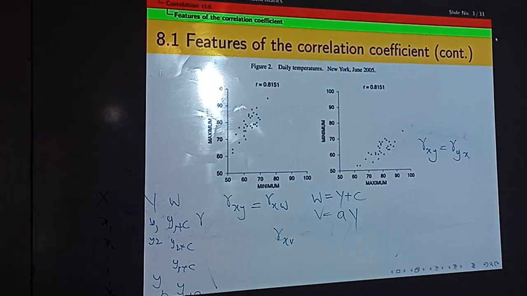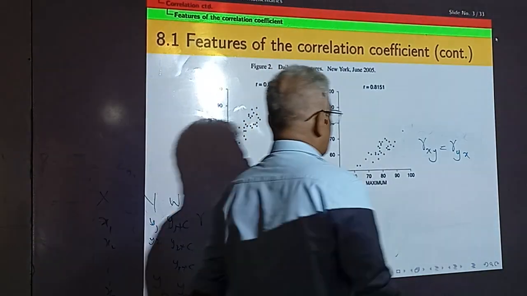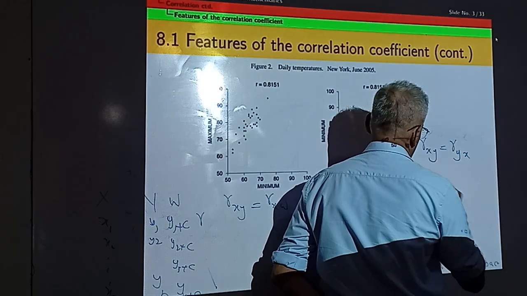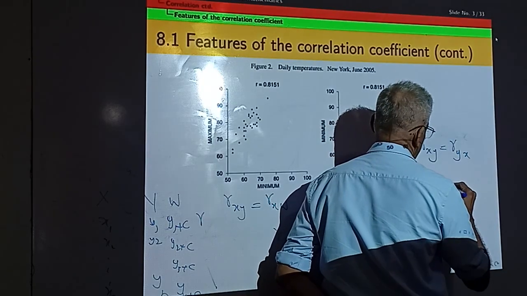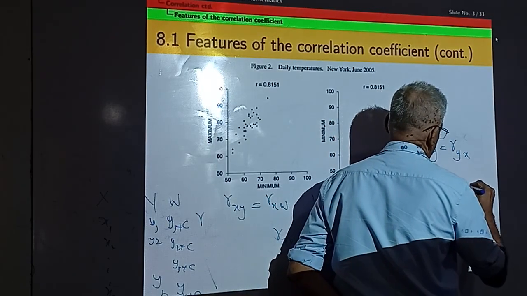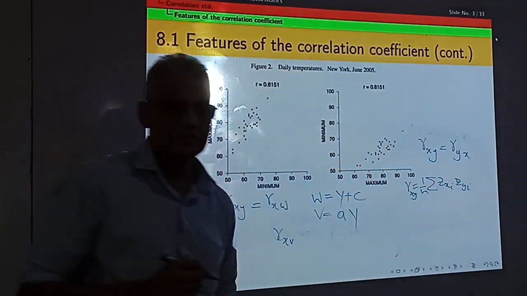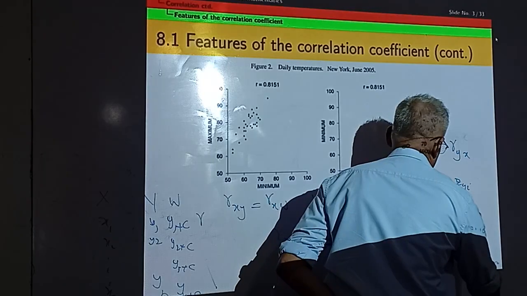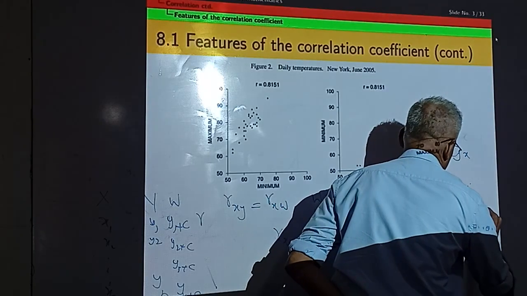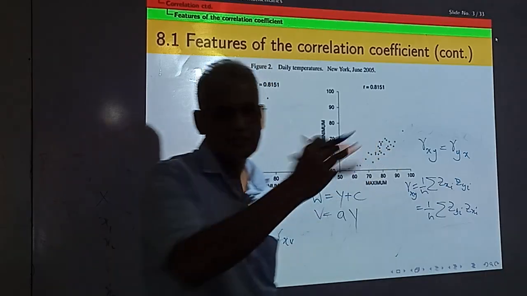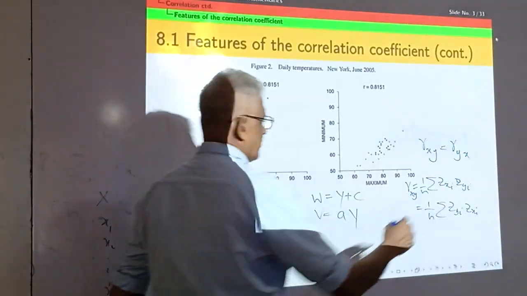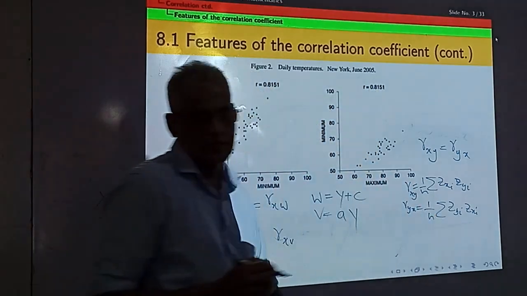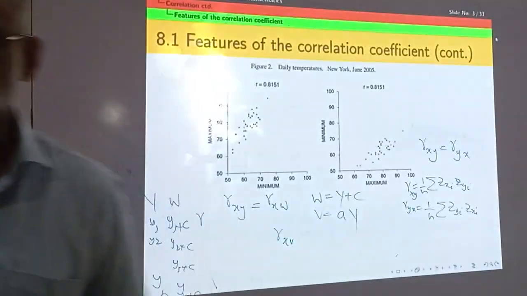Because it is very simple: r between x and y is equal to the average of zxi times zyi, which is the same as 1 over n times the sum of zyi times zxi. You can interchange the product. So by definition, this is equal to r between y and x. So that is very clear.